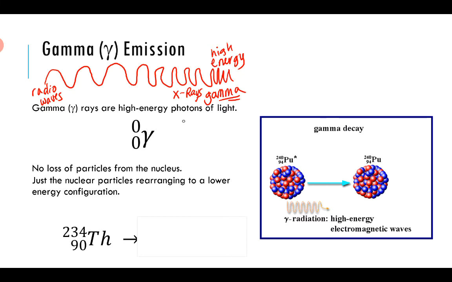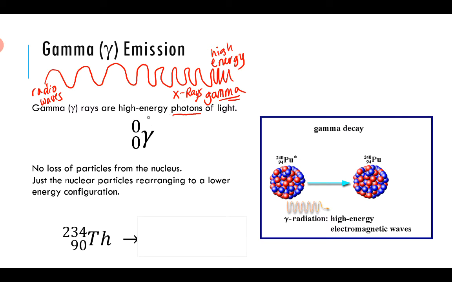Gamma rays are not a particle. They're a particle of light, known as a photon. So they're high energy photons of light, but it has no mass. Light just has particle-like properties and wave-like properties. A particle of light is known as a photon, but it's a high energy wave.